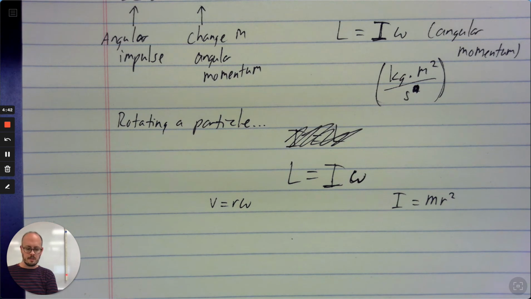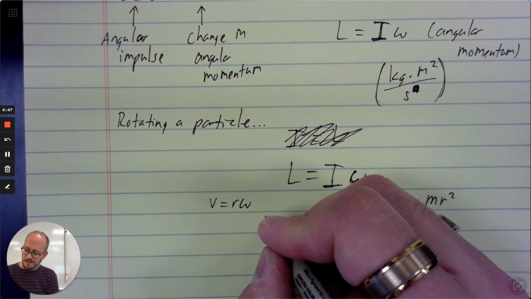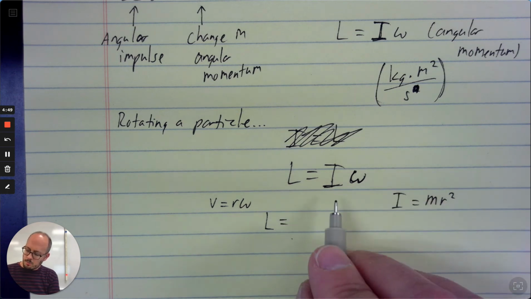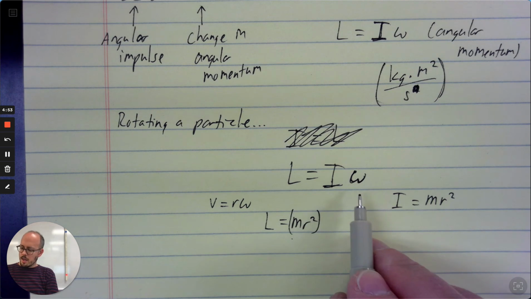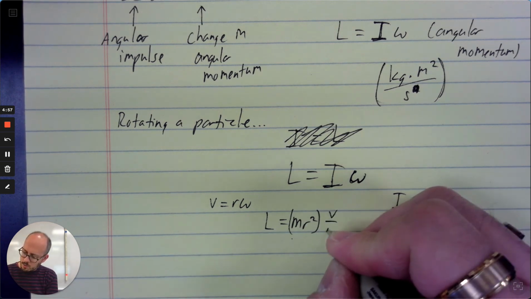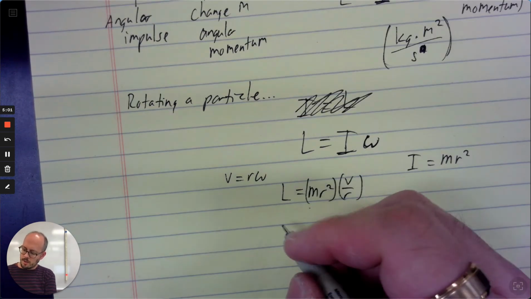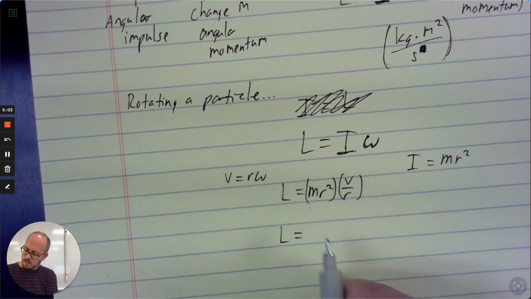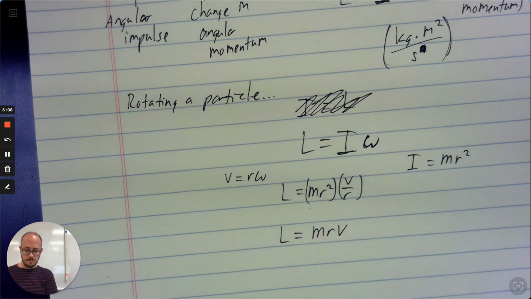So I'm going to make a double substitution here. We're going to say, and by now you're like, yeah, whatever, I'm used to it. So moment of inertia is m r squared. Angular velocity, if I solve this for omega, I get v over r. And so I've got some canceling to do and then some simplification. This becomes m r times v.